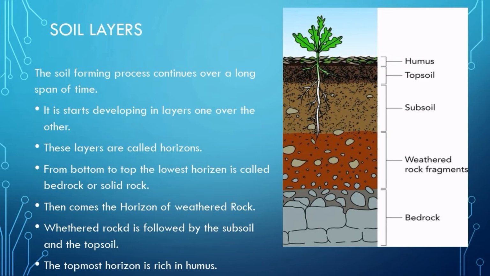From bottom to top, the lowest horizon is called bedrock or solid rock. Then comes the horizon of weathered rock. The weathered rock is followed by subsoil and topsoil. And then the topmost horizon is rich in humus.